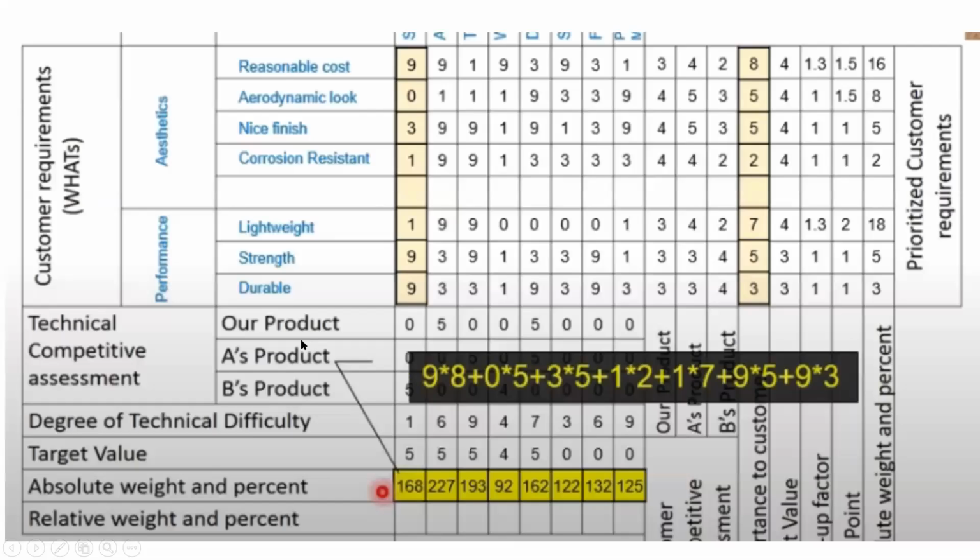Absolute weight, this one: 9 times 8 plus 0 times 5 and so on until 9 times 3. Add all together, 168. This is the absolute weight for that.